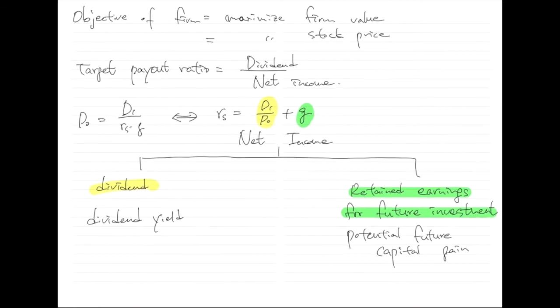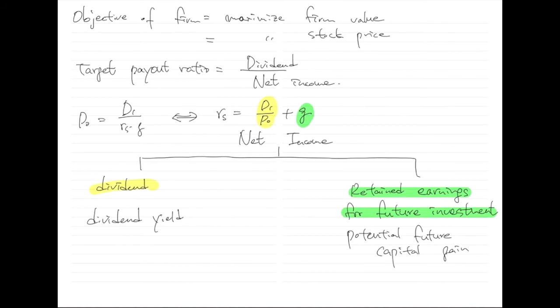right? There is a big question about how to set the target payout ratio. If the firm increases the payout ratio, what does it mean? This will raise the dividend amount, right? So when the dividend amount increases, the stock price also increases, right?